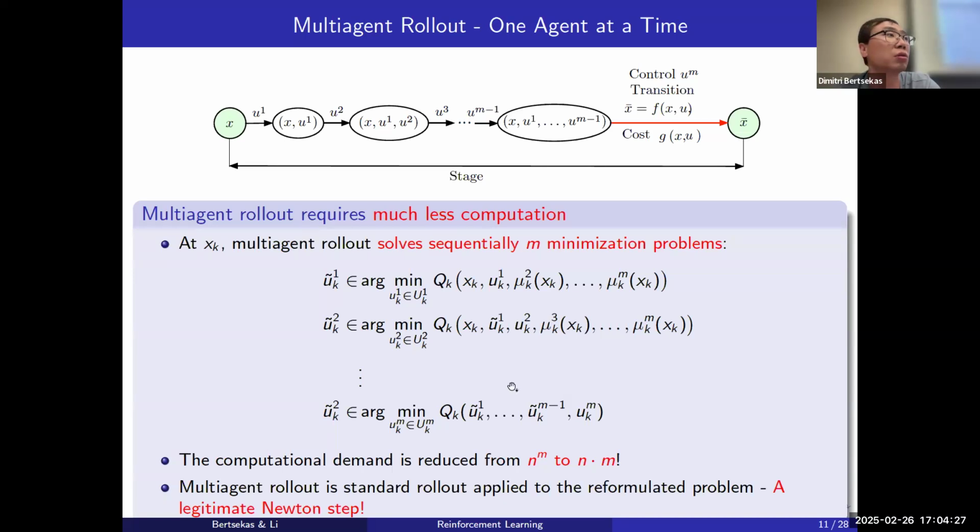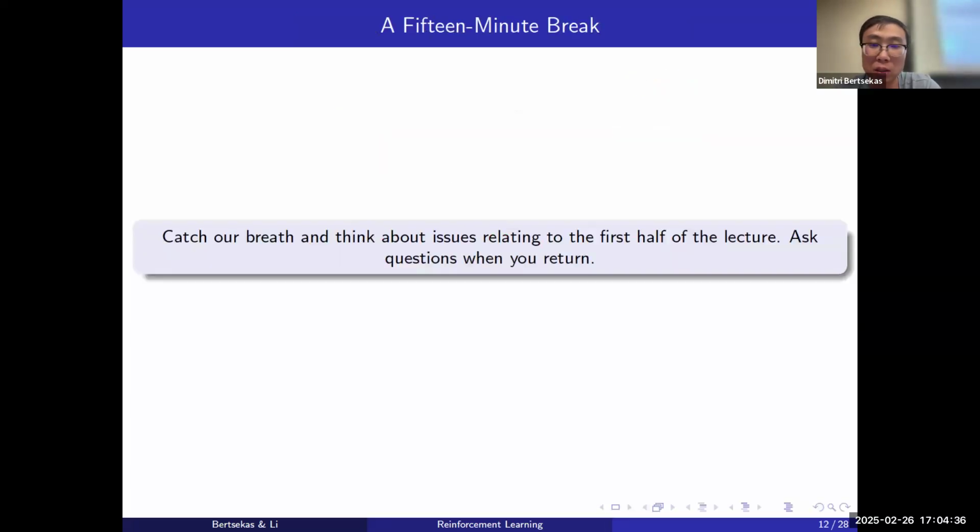The number of times it took is identical. So that's the important significance of this state space unfolding, and that gives us confidence why multi-agent rollout is a good idea.